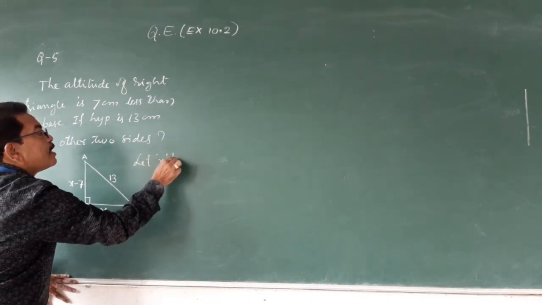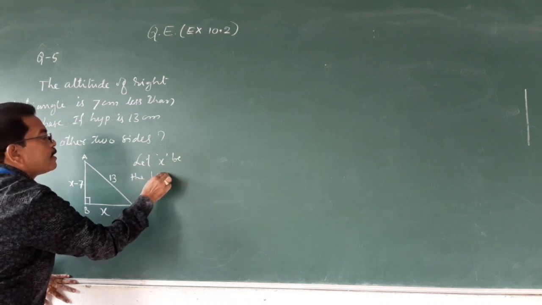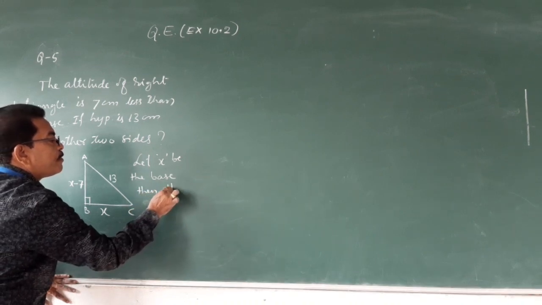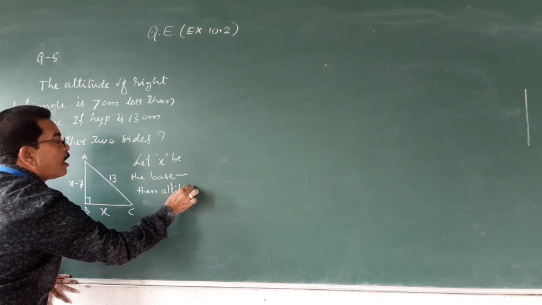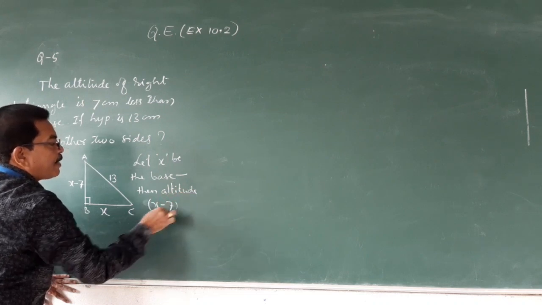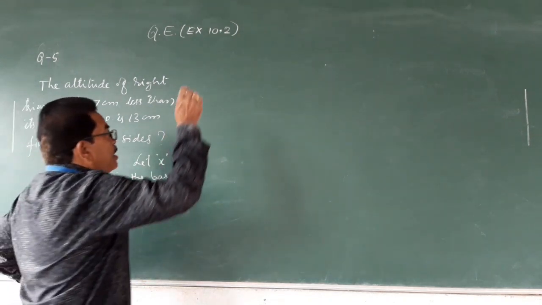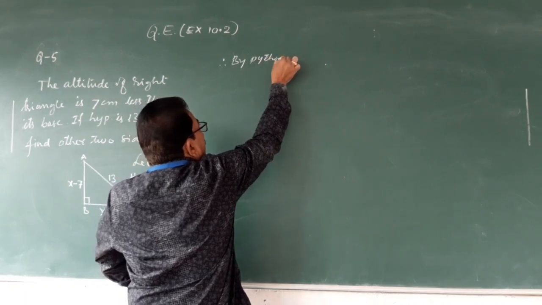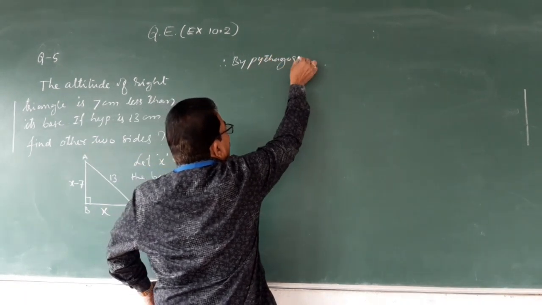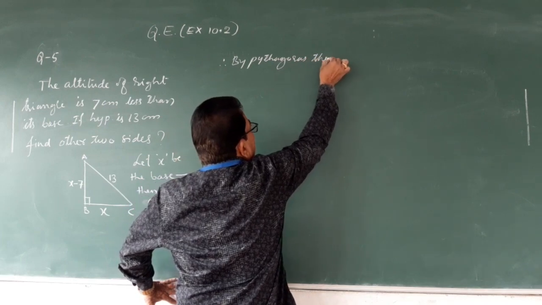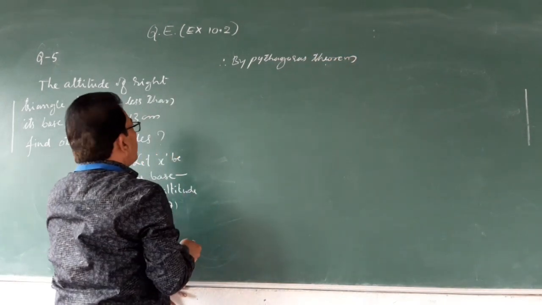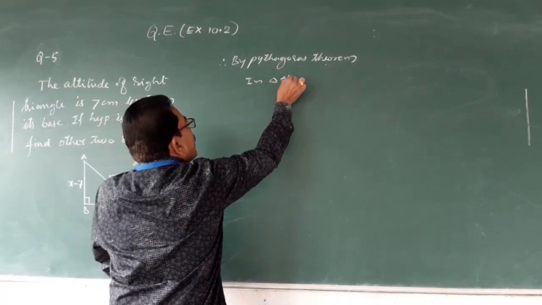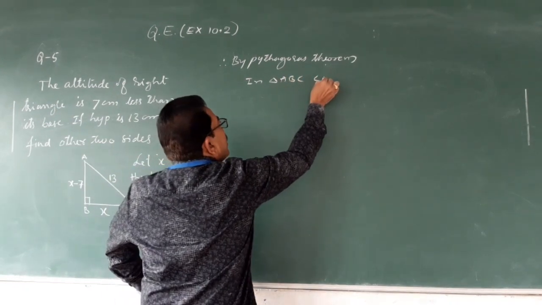Let x be the base, then the altitude is x minus 7. Okay, by using Pythagoras theorem, in triangle ABC, angle B equals 90 degrees.